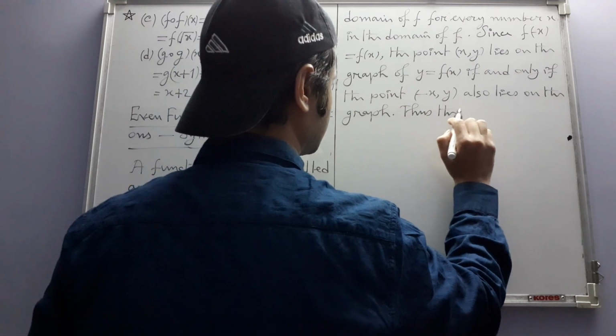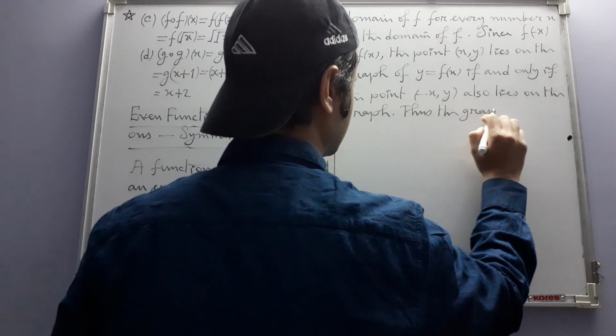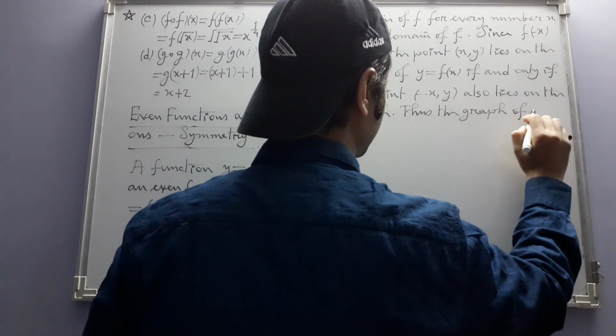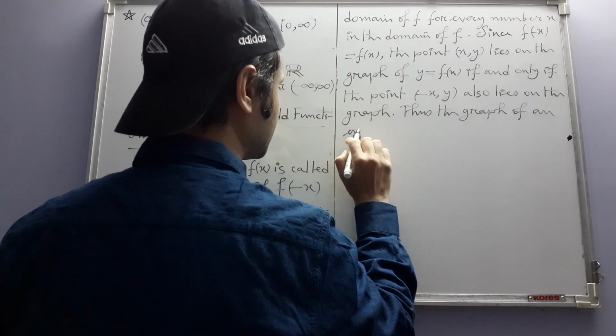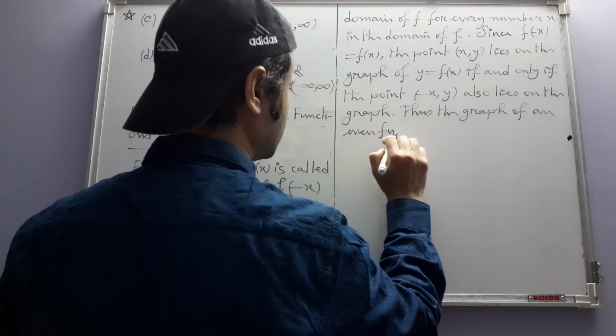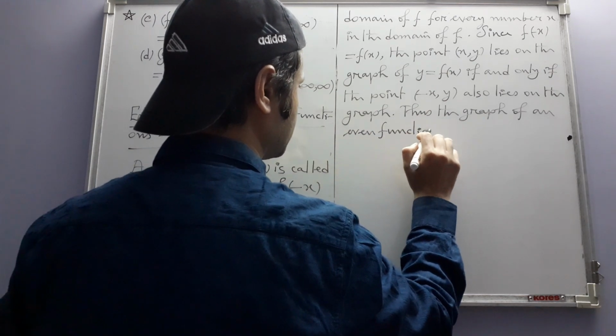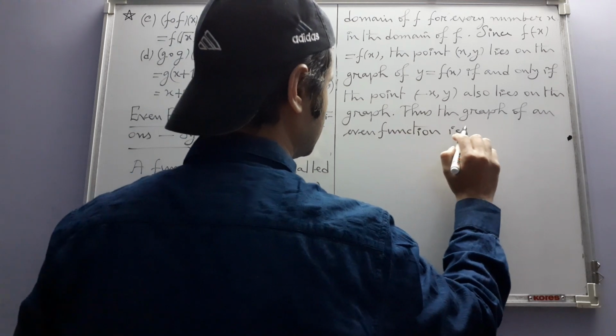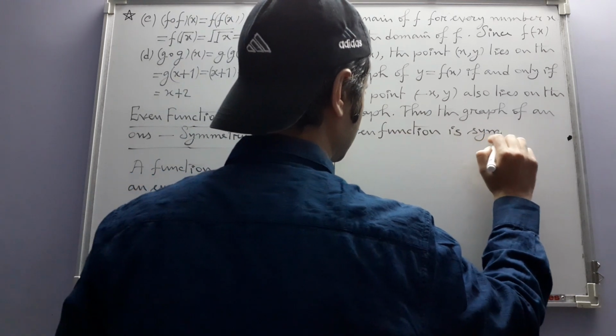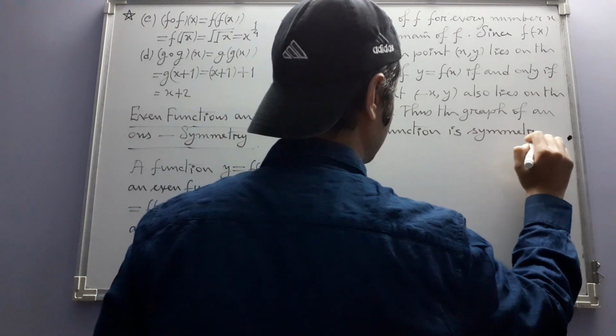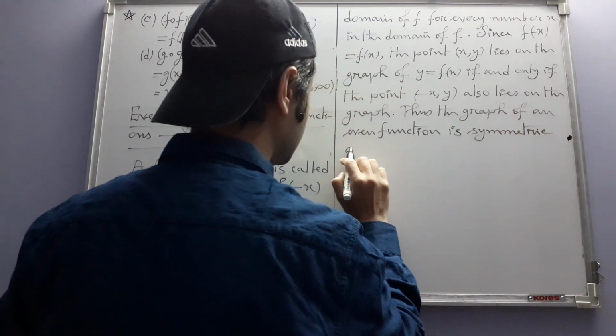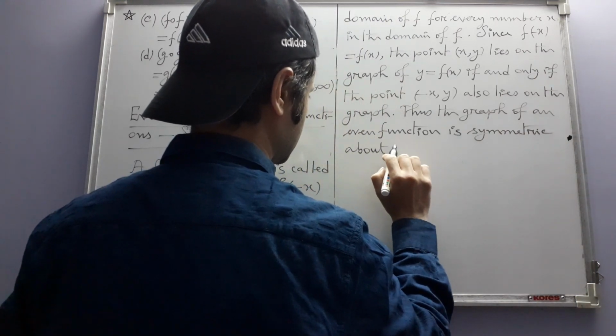Thus, the graph of an even function is symmetric about the y-axis.